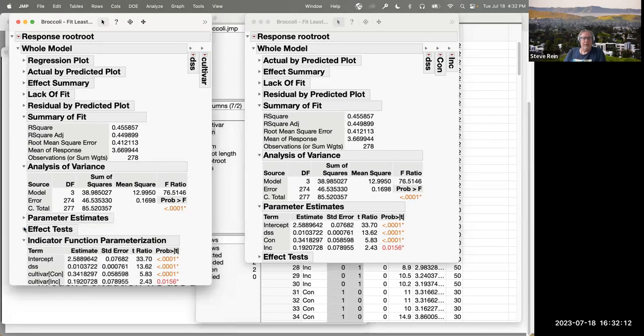Let's go ahead and look even at our indicator parameterization estimates. We have an intercept, same thing over here. Days since heating, same slope.